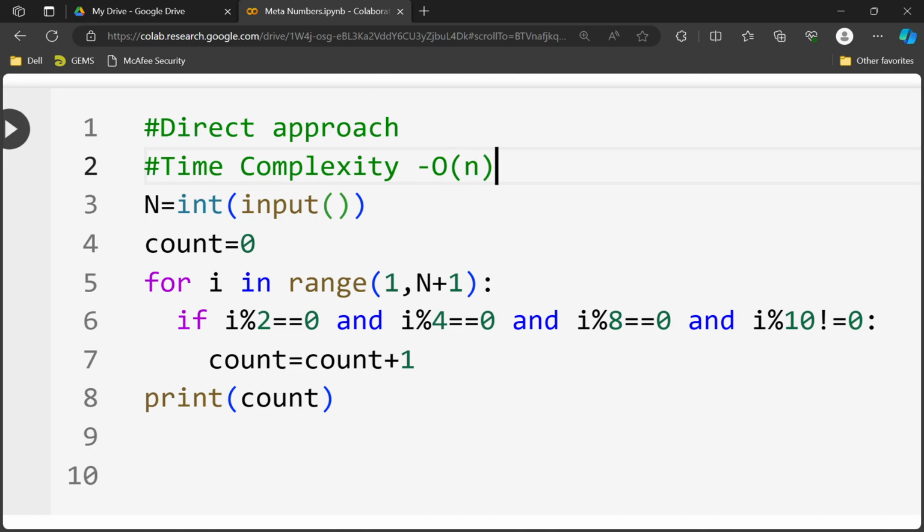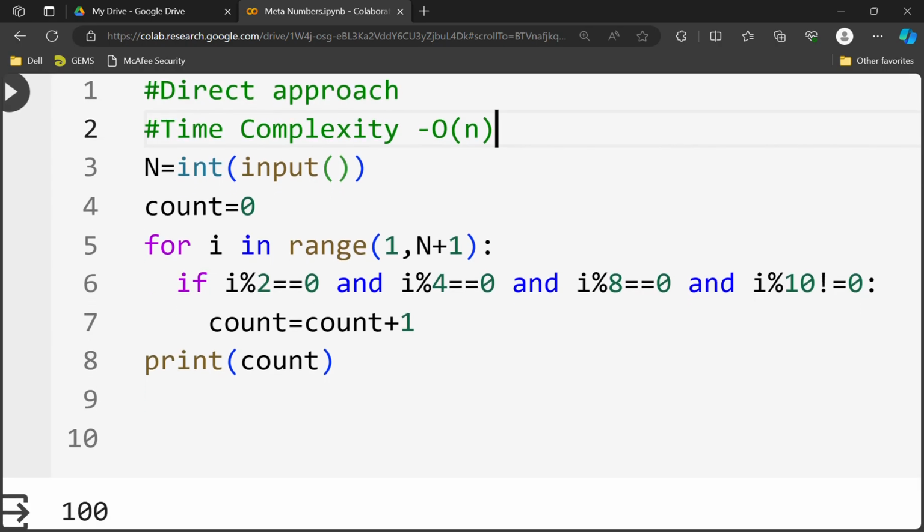So we have to reduce this, then only it can clear all the test cases. Most of the people will write this direct approach and claim it as the solution for this one. But for this problem, they look at optimization of the code. Now, this is the time complexity of the direct approach.